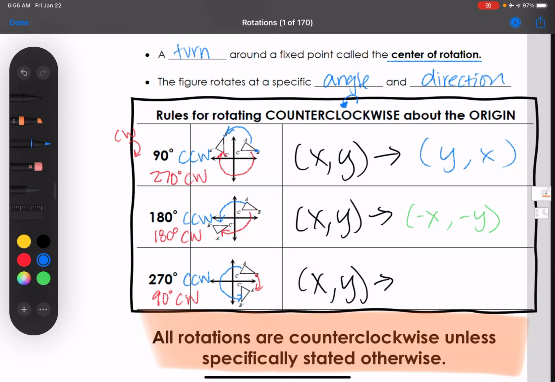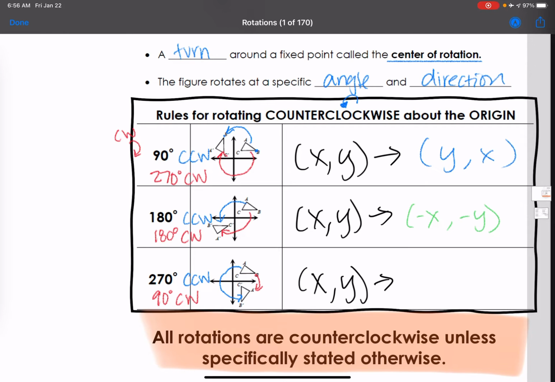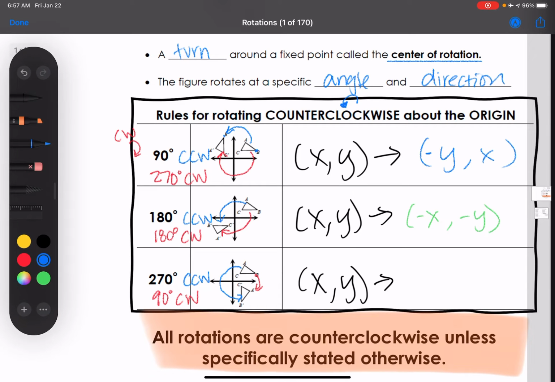Or what that means is you're going to be changing the sign. Remember, negative means change signs. And it's going to be on this one. And the reason I know it's going to be on that one is because it's 90 degrees counterclockwise and it's going to the left. And check it out. The one on the left is the negative one.